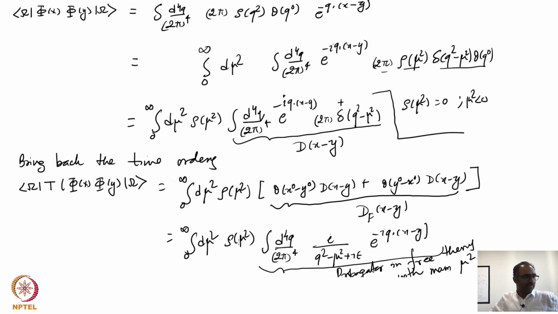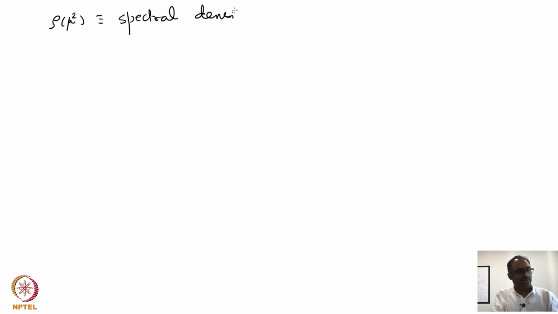This rho of mu square is called the spectral density.